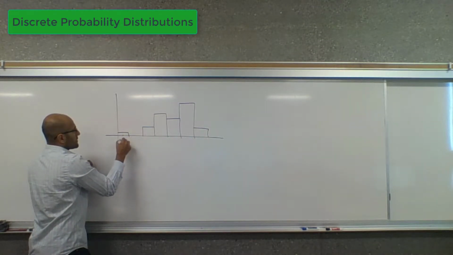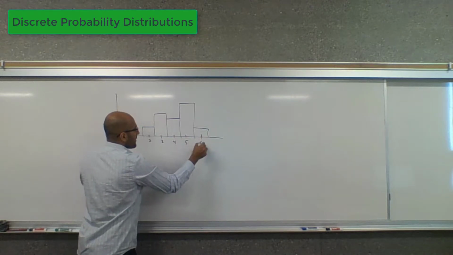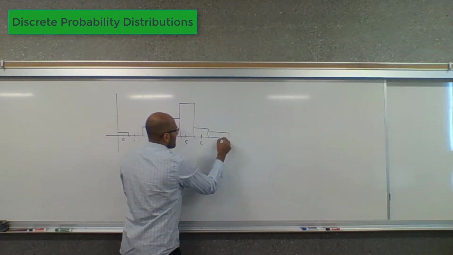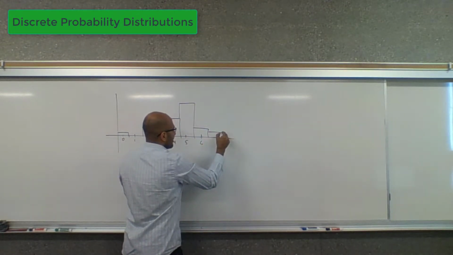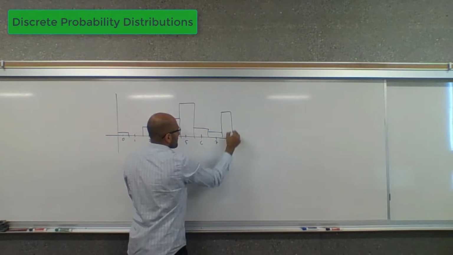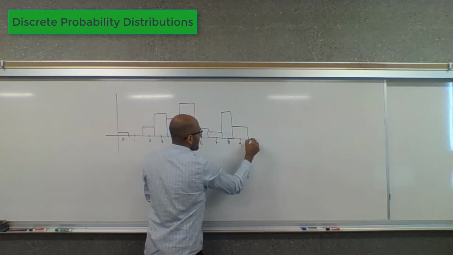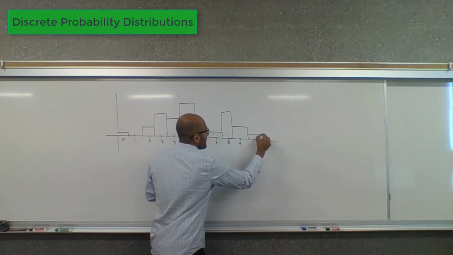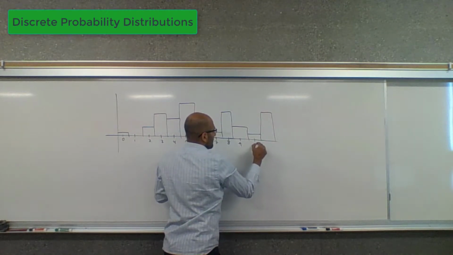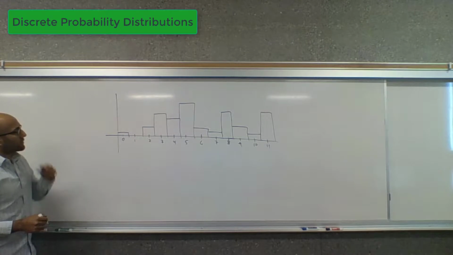So 0, 1, 2, 3, 4, 5, 6, 7, 8, 9, 10. We could have something that looks like this back in chapter 6.